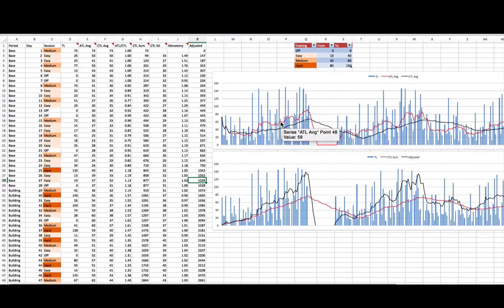So if acute training load is higher compared to a chronic one, that means we are increasing the training load too quickly, and I'm taking that into account. As you can see, the adjusted training load is more like exponential, and it's pretty much dropping to 0 compared to the red one. That means we didn't have any sessions here, and probably the athlete is losing work capacity and losing training adaptation.